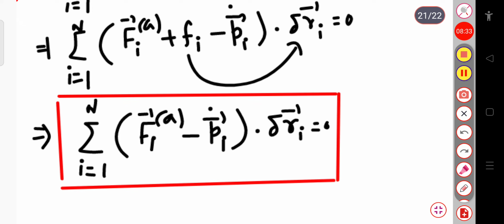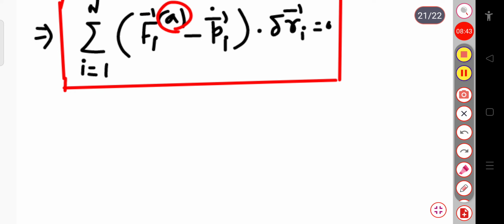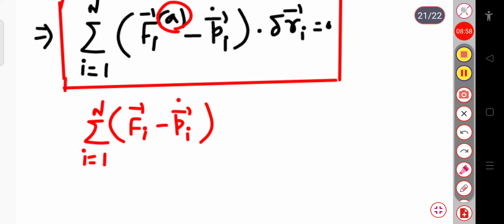So in case of Fi applied, simply here I can just drop this subscript a, or simply I can write it as Fi minus Pi dot delta ri equal to 0. Let me write, if I drop this superscript, now we can write it as the sum over i equal to 1 to n of Fi minus Pi dot, delta ri equal to 0.